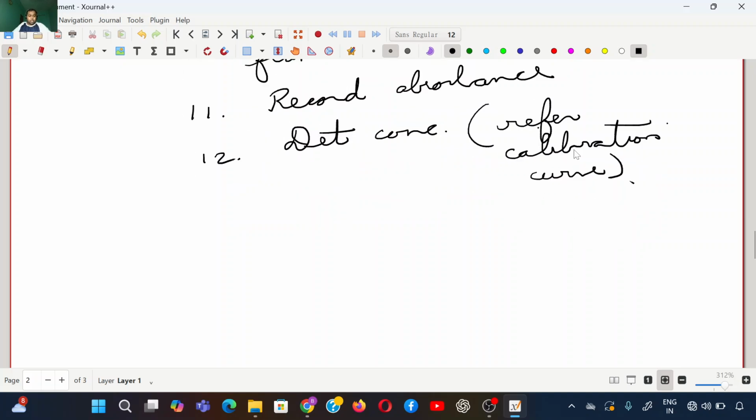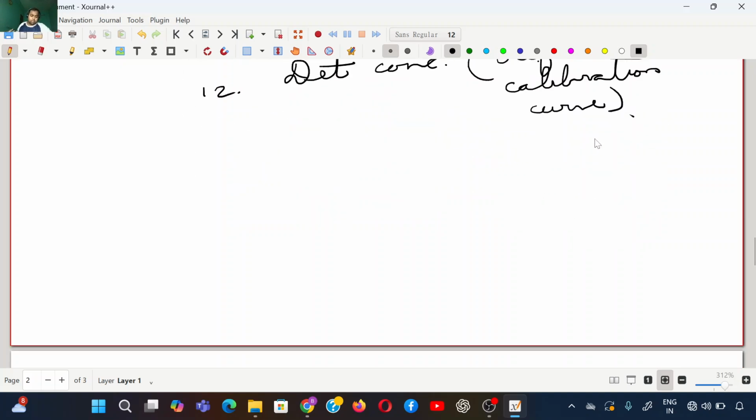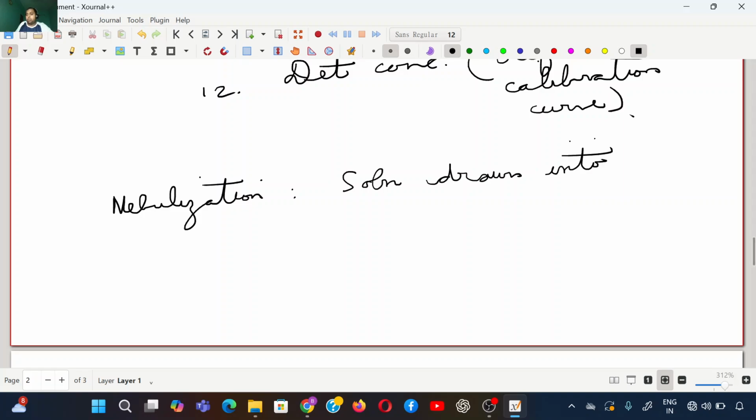When it comes to atomization in the flame, there are some terms that we have been using. I'll just define each of the terms once. We frequently came across the term nebulization. Over here, the solution is drawn into the nebulizer and converted into aerosol droplets.